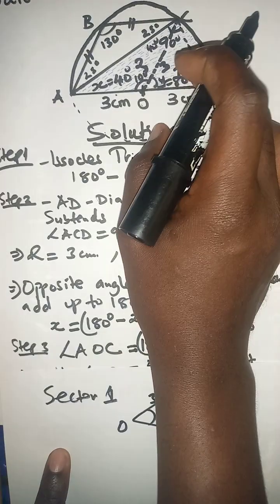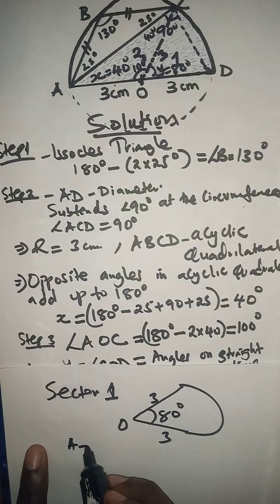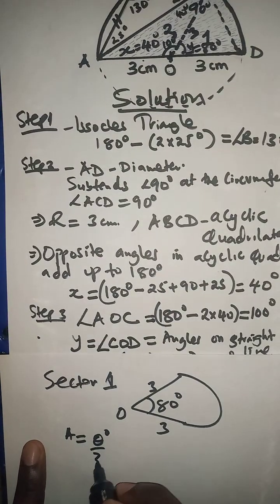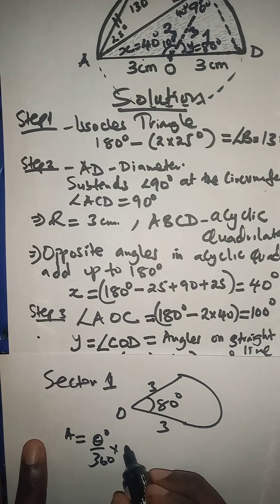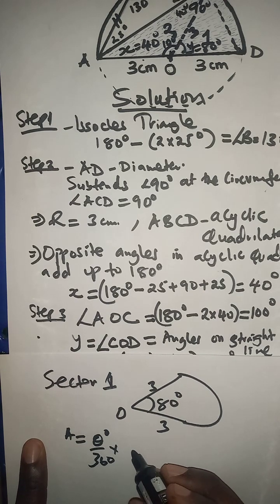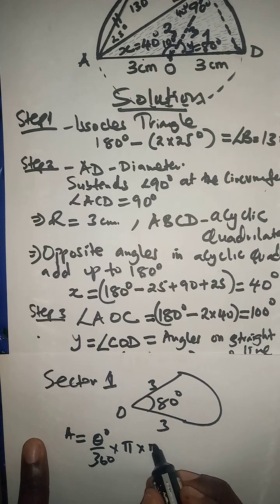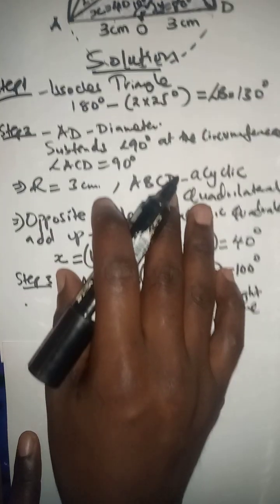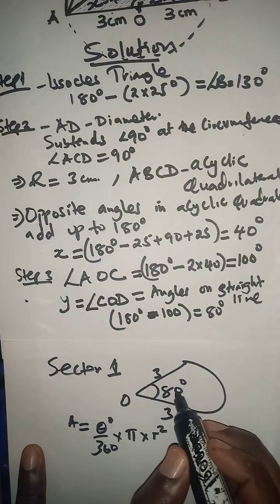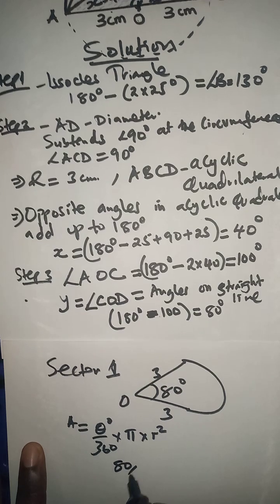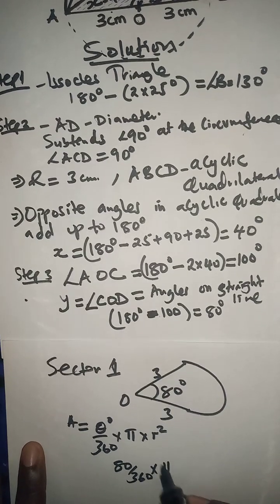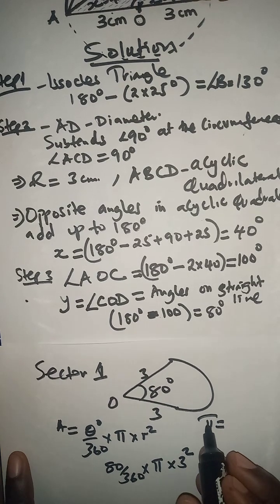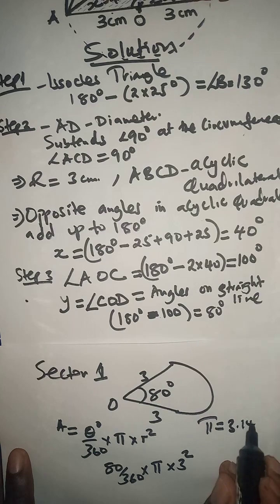I'm going to calculate this area using the angle subtended at the center over 360 times pi times r squared, meaning the radius squared. Solving it, it will be 80 over 360 multiplied by pi multiplied by 3 squared. Of course, I'm going to use pi as 3.142.